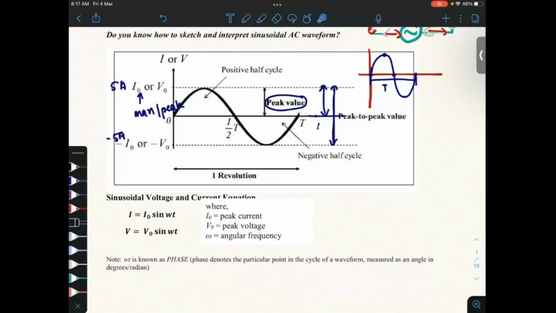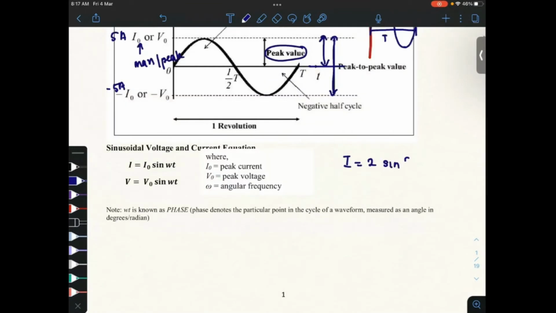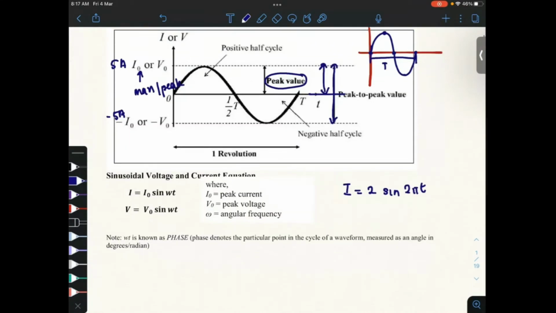Kita boleh deduce daripada diagram itu, graph itu sendiri. Kalau dia bagi dalam bentuk equation sekalipun, contoh kalau dalam bentuk equation dia akan kata I is equals to 2 sin omega t, adalah let's say 2 pi t. Dia bagi begini. So kalau dia suruh kamu sketch graph, okay, you're going to sketch. Kita tahu bentuk graph ni adalah sinusoidal sebab dia punya equation sini dia bagi sin.